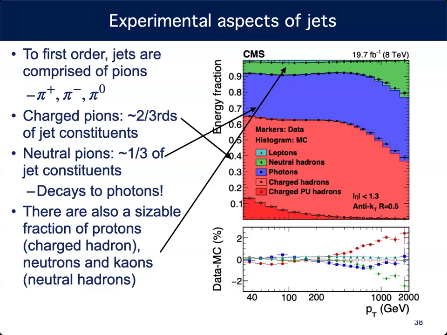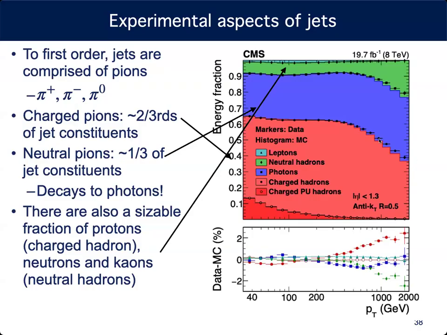It's harder and harder to distinguish what their momentum is, and also harder and harder to distinguish between you and your partner, which was produced alongside your jet. So what ends up happening is we start misreconstructing a lot of charged particles as neutral particles, because we lose their track and they get reconstructed as a single hadronic cell. So this is an experimental aspect that we have to account for.